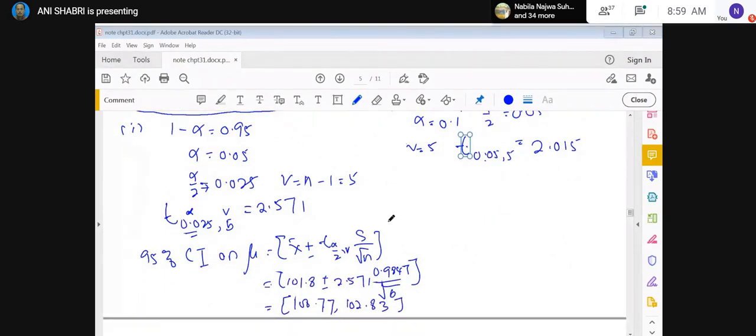Okay, using this formula we can get the 95% CI on mu. Try to calculate using the same formula.